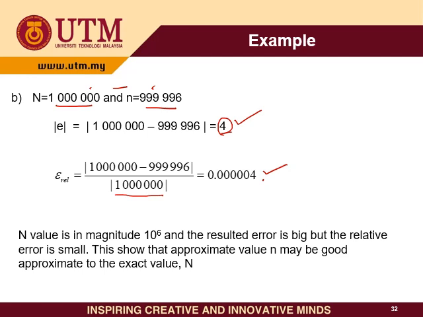So we can say that this shows that the approximate value of n here may be a good approximation to the exact value of n because of the small relative error. Even though the true error is big, our relative error is small.